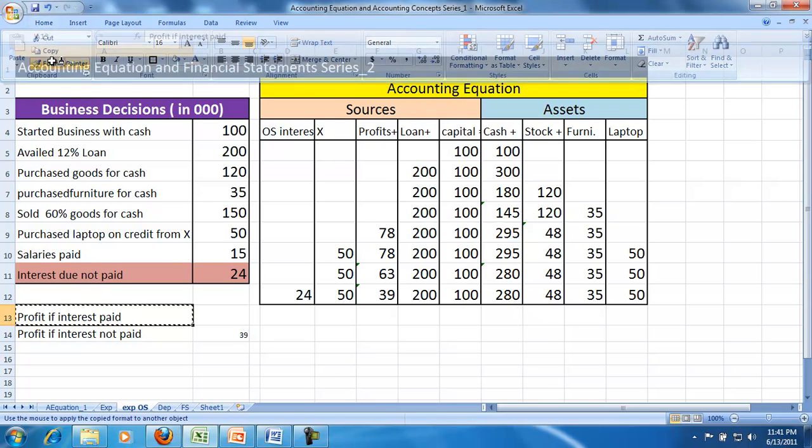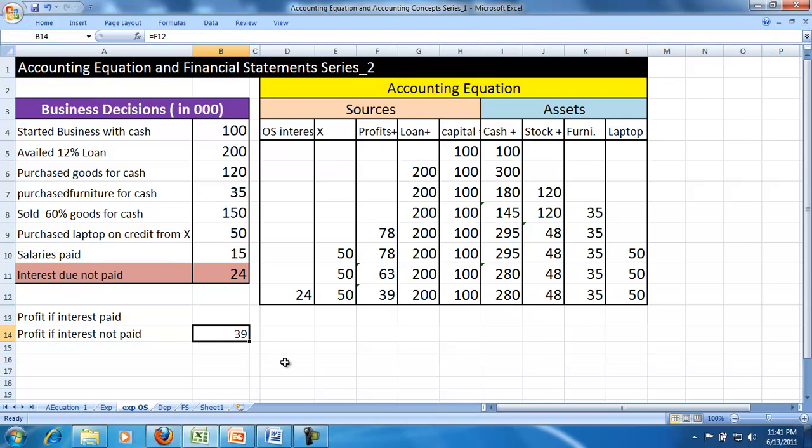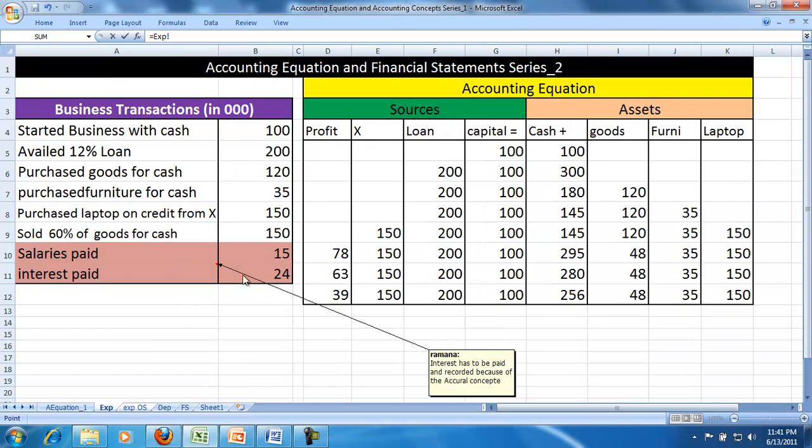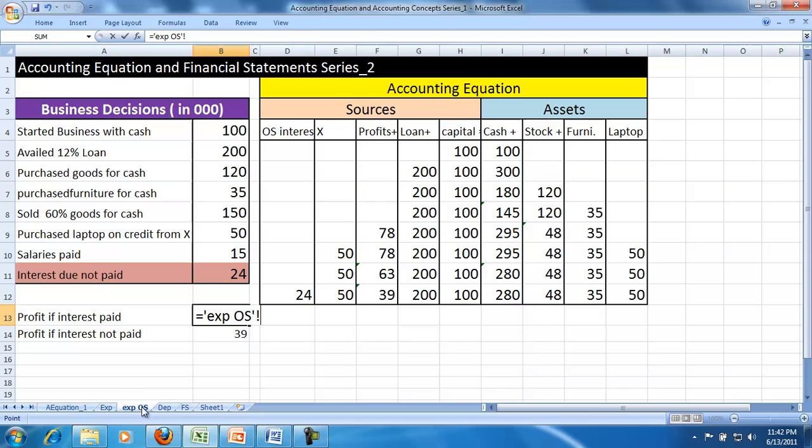And we also saw that if interest is paid, the profit was also 39, right? So what does that mean?